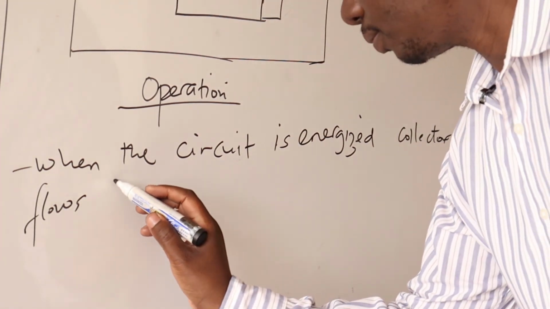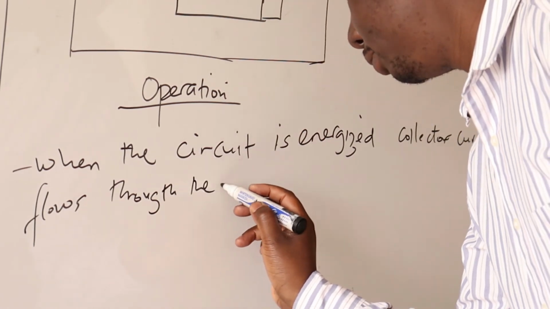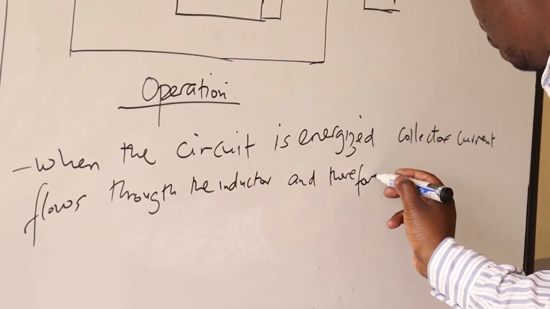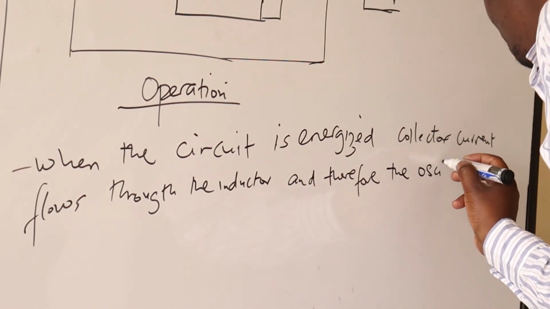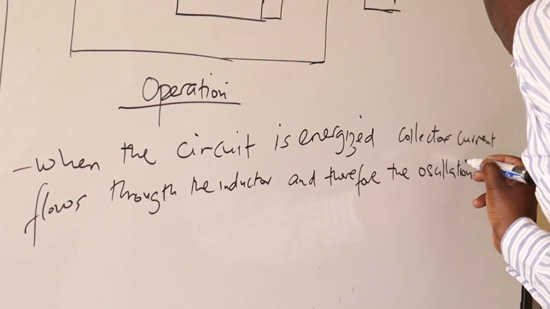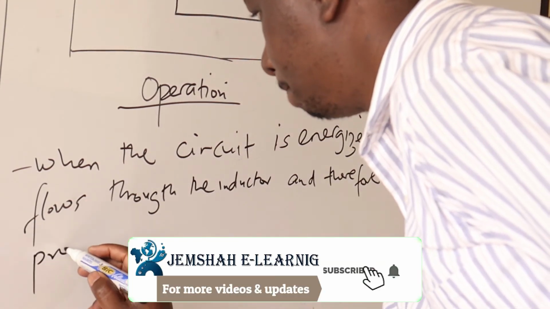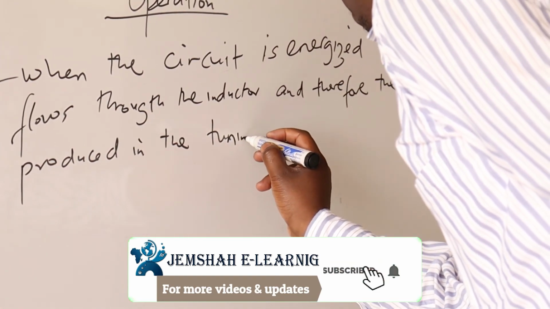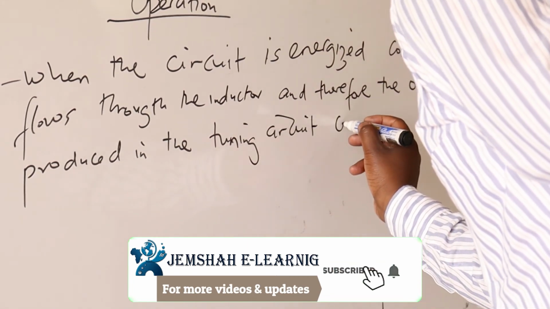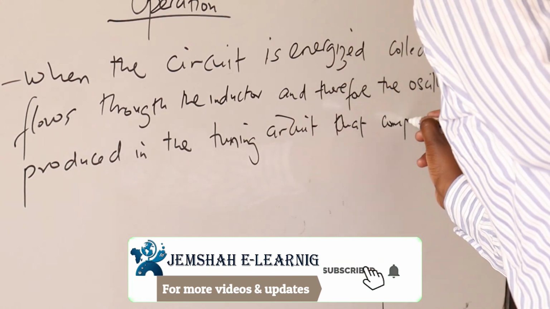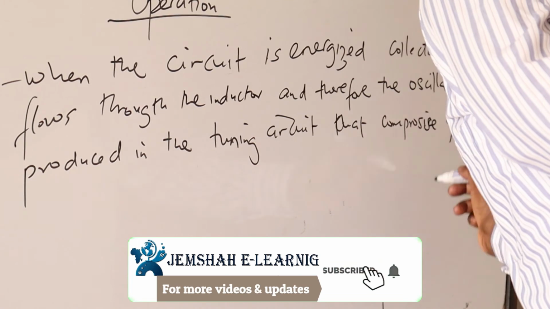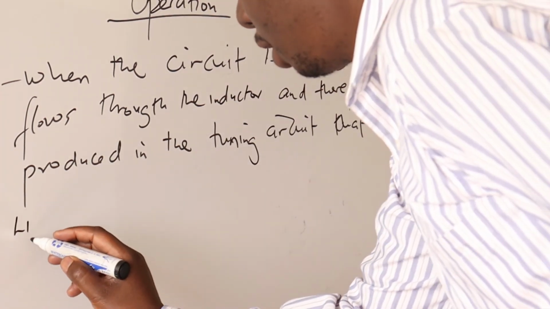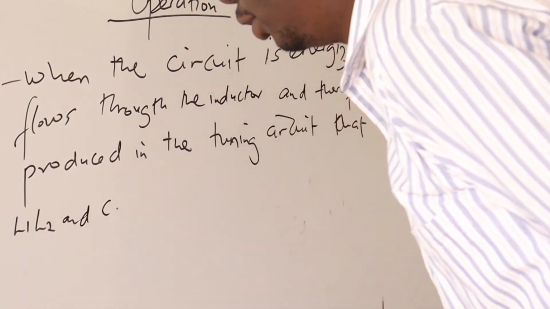Collector current flows through the inductors, and therefore the oscillations are produced in the tuning circuit that comprises inductors L1, L2, and C.